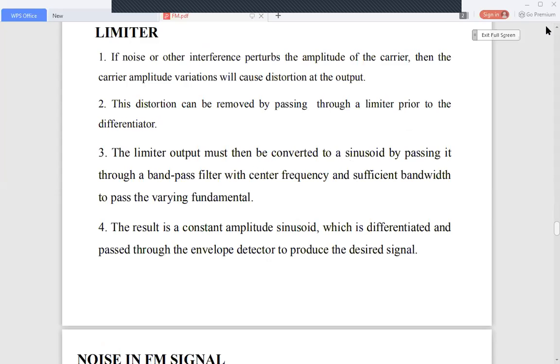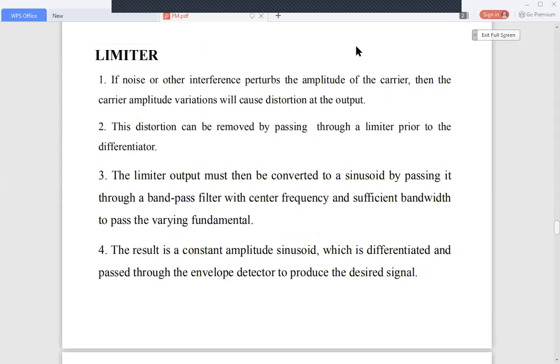Now, another important part is the limiter. What is the limiter? Take an example of a limiter. If noise or other interference perturbs the amplitude of the carrier, then the carrier amplitude variation will cause distortion at the output. Mainly, the carrier carries the message signal.